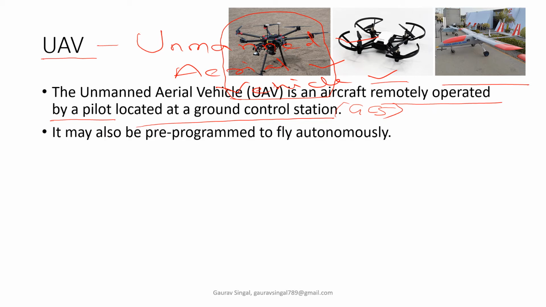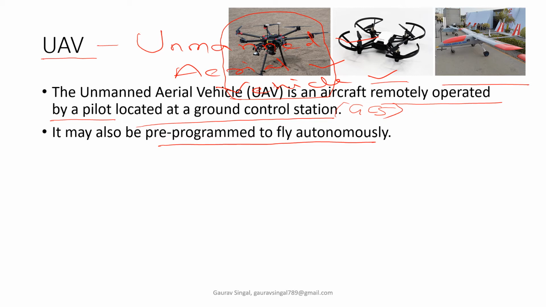It may also be pre-programmed or fly autonomously. Like, we want to program some kind of mission, like this parcel you will catch with this drone, and you will just drop it at some particular location. So there is no requirement to manually control the drone or manually control the UAV.